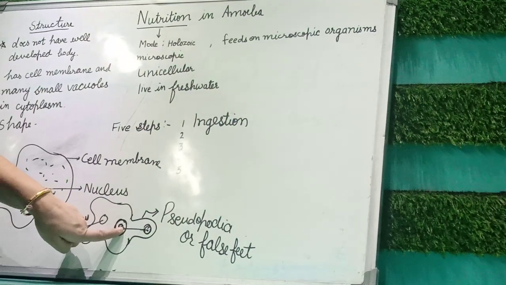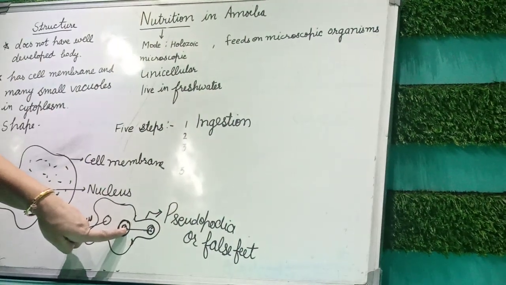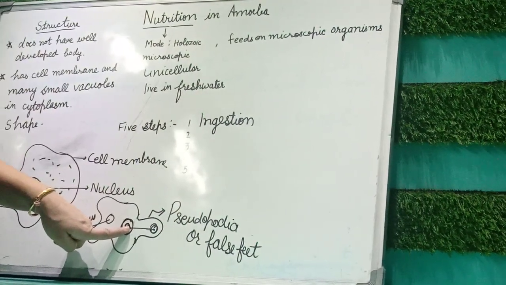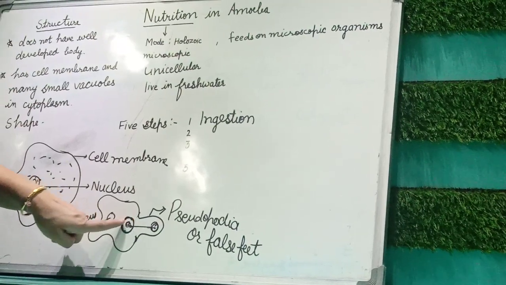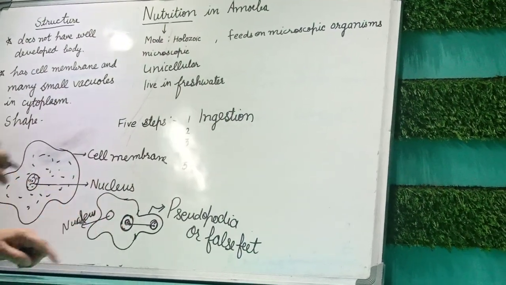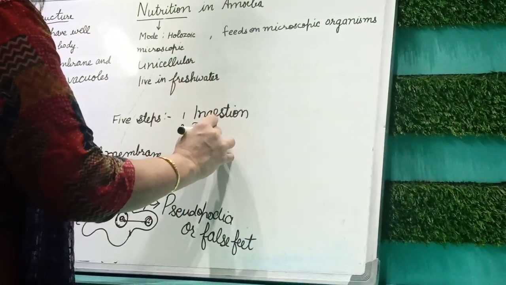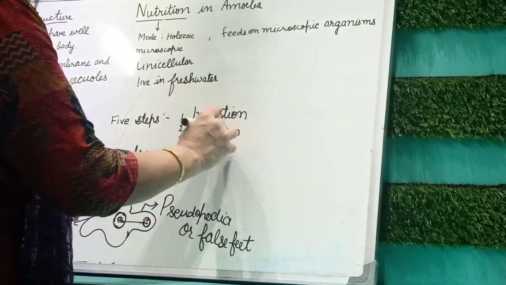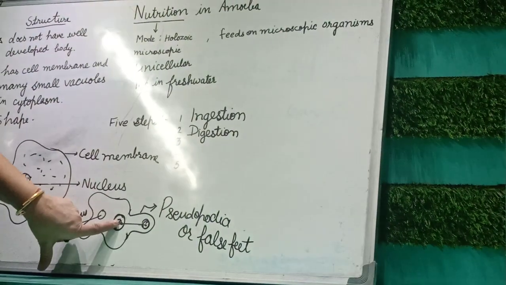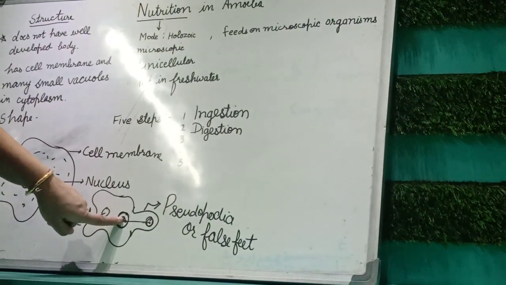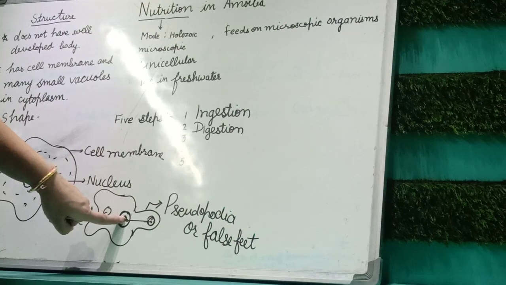And in the food vacuole, food gets converted into simpler substances with the help of enzymes. So this process is known as digestion. In the food vacuole, complex particles of food are broken down into simpler substances.